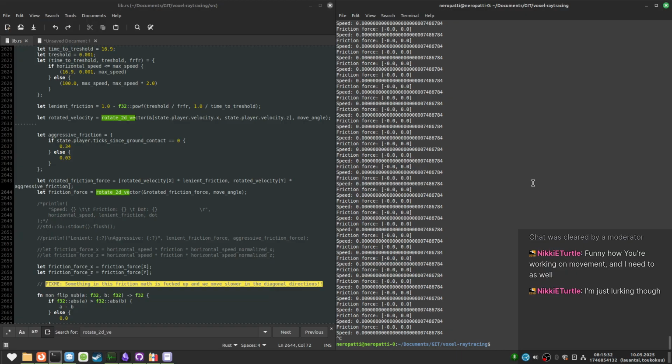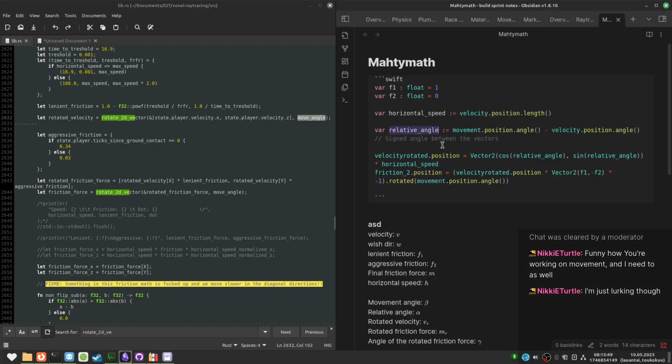Probably my rotate vector function is incorrect. Or, let me cross-reference this. Yeah, I need to rotate by the relative angle, not the absolute angle. That's probably the reason it's feeling bad.